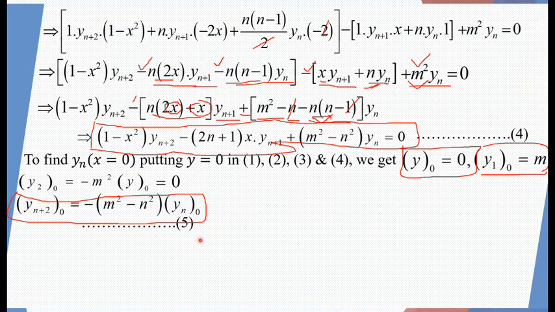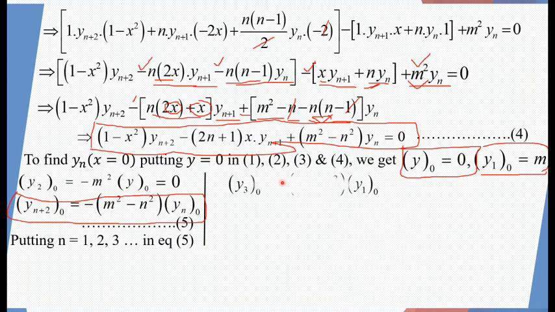Now we have to find the values of y3, y4, y5, y6 and so on, so that we can make a symmetry. For this we put n equals to 1, 2, 3 and so on in this particular equation. When we put n equals to 1, it will be y3(0), which is equal to minus m square minus 1 square y1(0), but y1(0) is m.